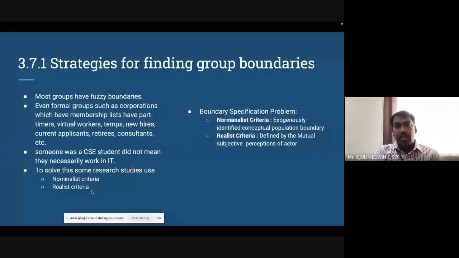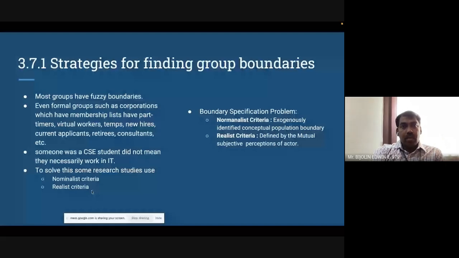Here, nominalist criteria is an exogenously identified conceptual population boundary, based on what is proved. Realist means the mutual subjective perceptions of actors. Whether it can be done or not, they get that from the particular node itself.